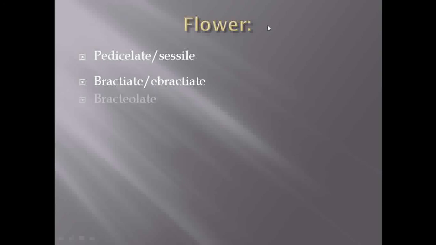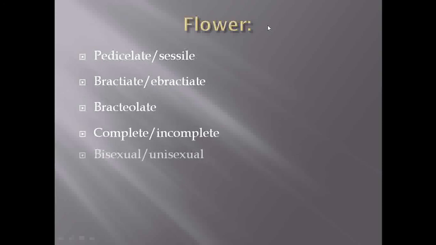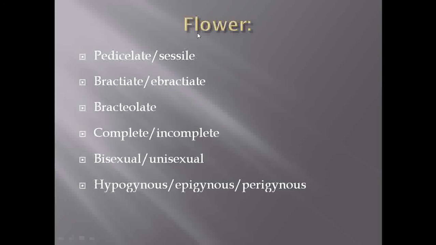The next character which comes under the reproductive characters is the flower. Whenever we describe a particular flower, we must know whether the flower has a stalk. If it has a stalk, it is called pedicellate, and if the stalk is absent, it is called sessile. Whether the flower shows presence of bract, then it is called bracteate.